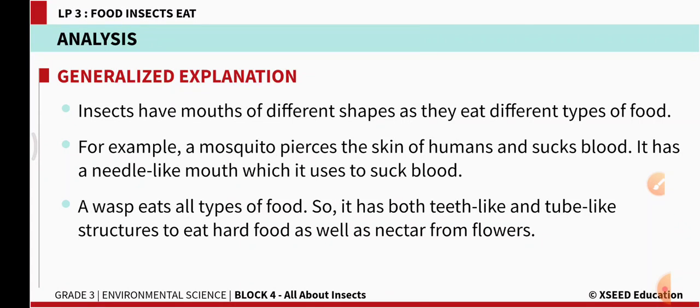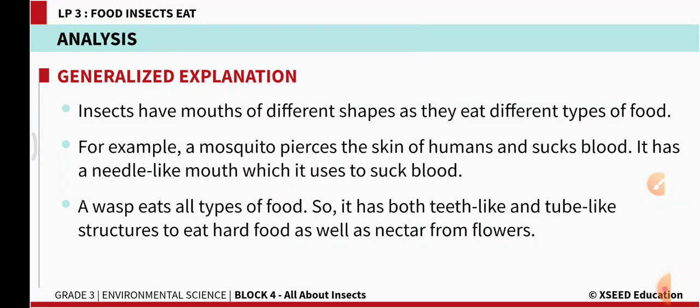Okay, a wasp eats all types of food. It's a small insect. So it has both teeth-like and tube-like structures to eat hard food as well as nectar from flowers. See, a wasp is also another insect. What does a wasp eat? A wasp eats hard food and also sucks nectar from the flowers.